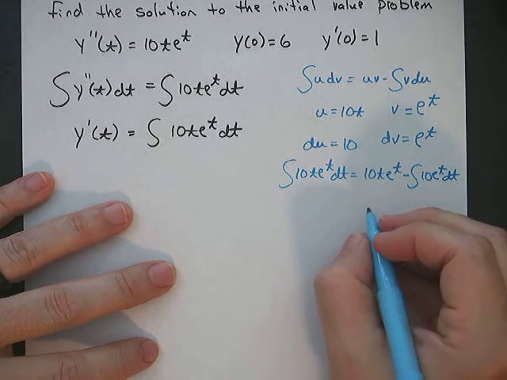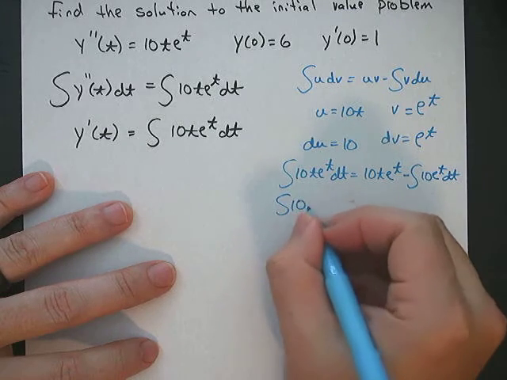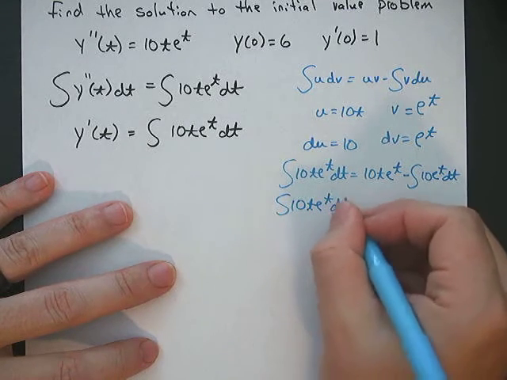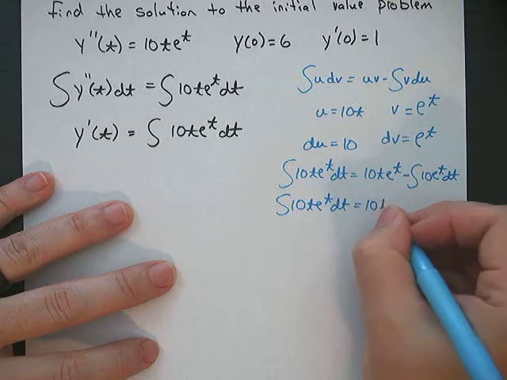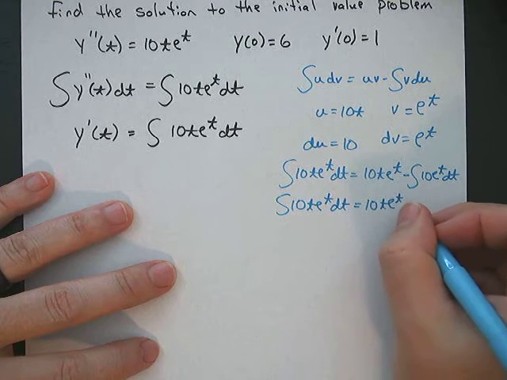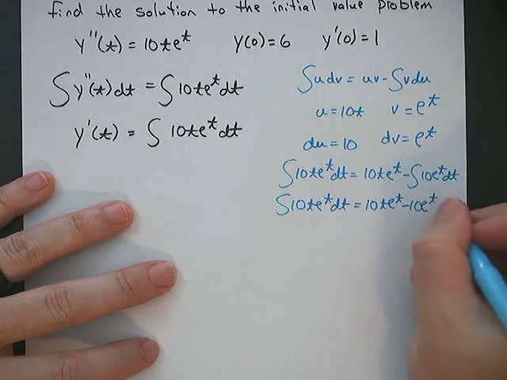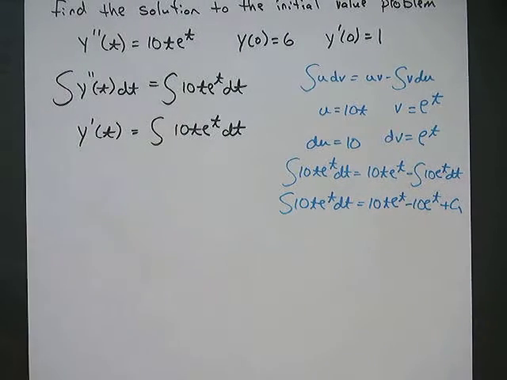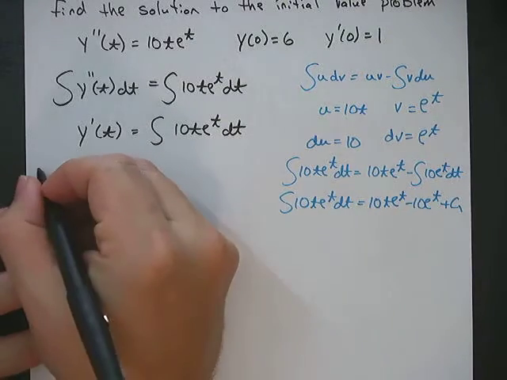Okay, and if we go a step further than that, we get 10t e to the t minus 10 e to the t plus c1. Okay, the reason I'm writing c1 instead of just c is because we are going to have multiple c's in this problem, and they're not necessarily the same c value. Okay, so we put this over here.